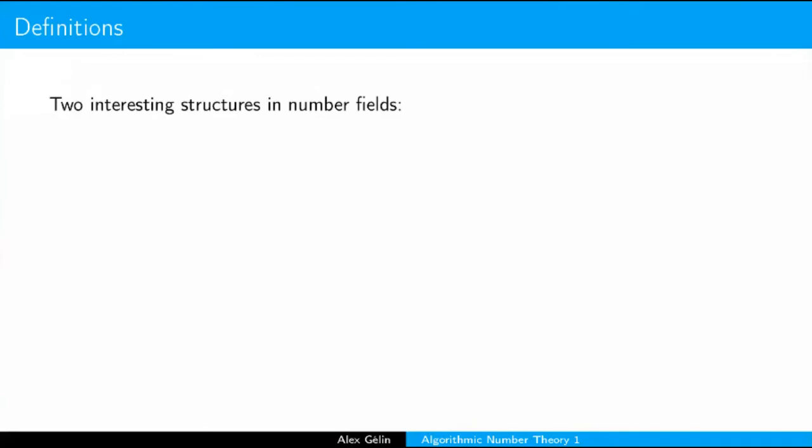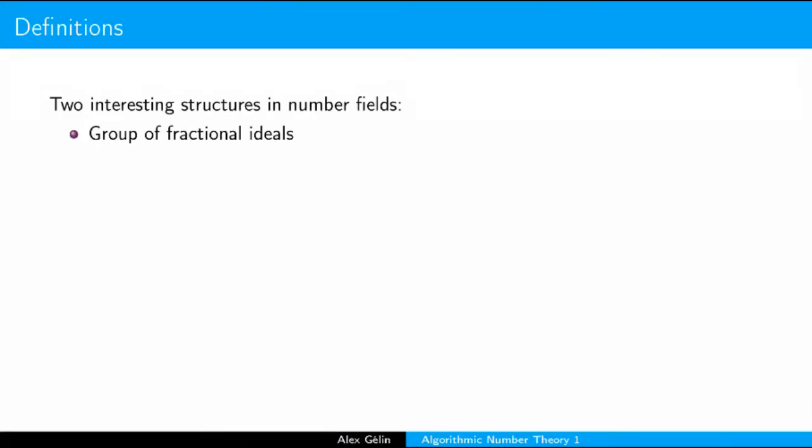There are still structures I need to define in number fields. We all know that an ideal is just a submodule of the ring of integers, and all the ideals form a group.